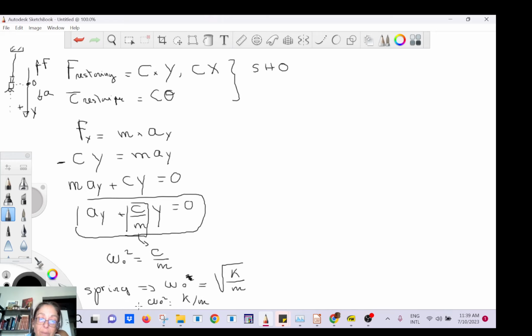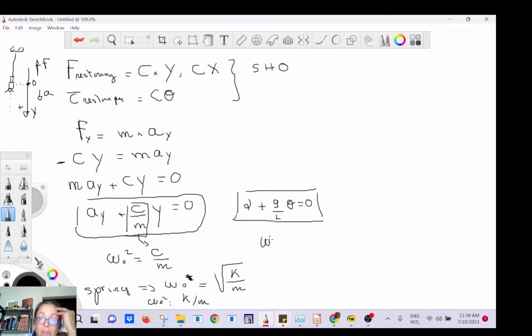That's for a spring. If you have a pendulum, then you also have the same type of equation, except here you have an angular or rotational acceleration because it's going to swing back and forth. And then here you also have, I think it's g over L times theta equals 0.